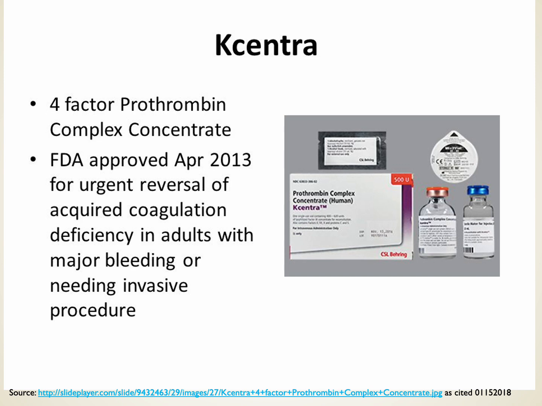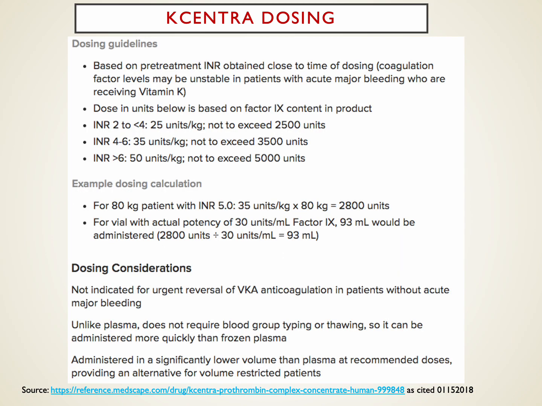There are guidelines for how this is used and who shepherds its use in an acute care setting. There are lots of guidelines on dosing about who gets what dose, and it's dosed based on the INR, the risk for bleeding, and the weight of the patient. All these dosing considerations are beyond the scope of what I think we want to focus on today, but I think you need to be aware that there's such a regimen in place.